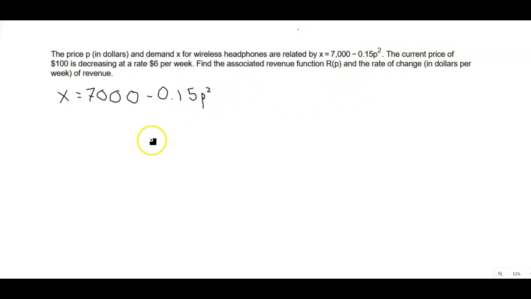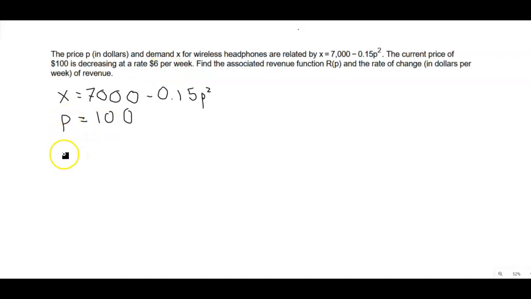It says the current price is $100, so the price is equal to 100. And that it's decreasing at a rate tells us that's a derivative of $6 per week.